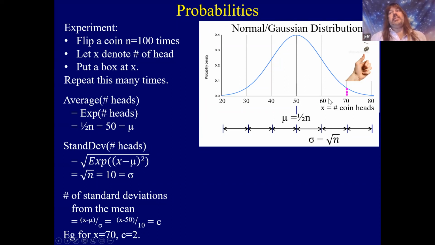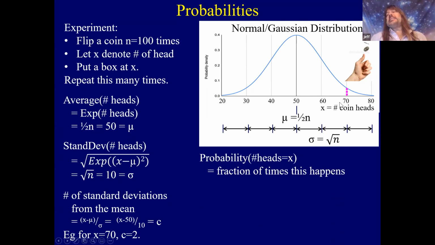Because the mean's 50 and the standard deviation is 10. And so in this case, C would be 2. And then you can ask, well, what's the probability that I got 70 heads, right? And here it's like there are 3 little boxes divided by the number of boxes I had, which is the probability that we get 70 heads.